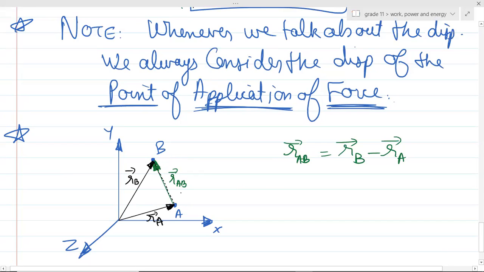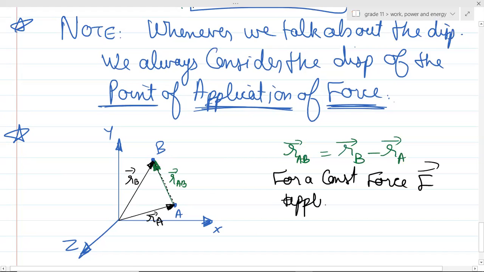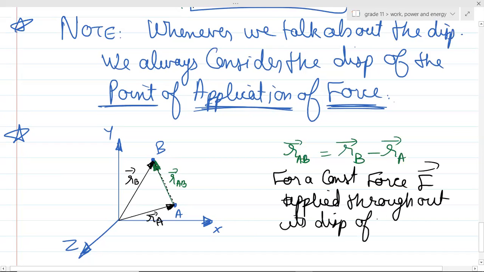Now, suppose I have a constant force F vector applied throughout its displacement from A to B. Can you see this force is acting at a certain angle to the displacement?